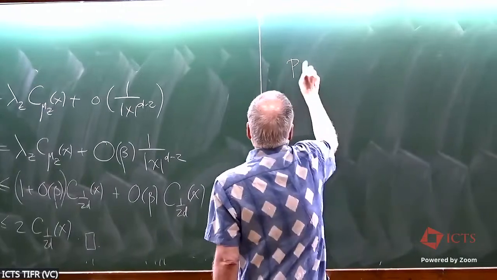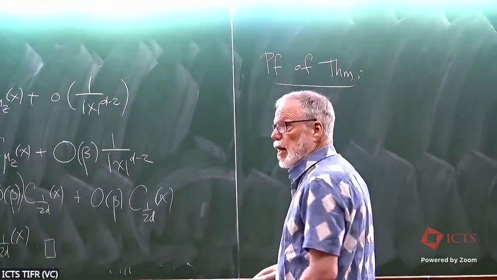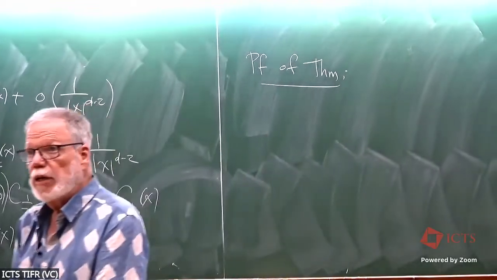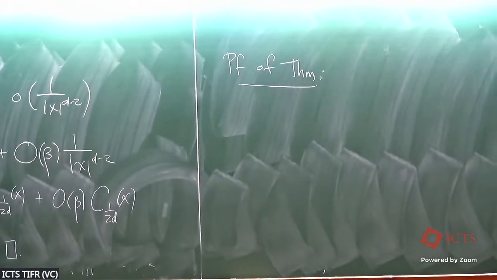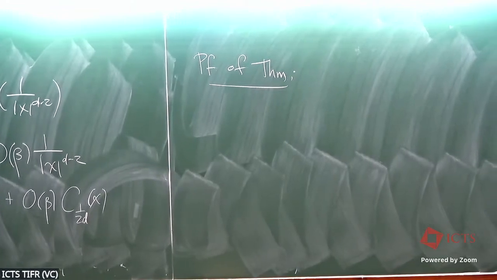So now we proved the theorem that I started with last hour. The theorem said that the critical 2-point function is equal to 1 plus order beta times basically C_{1/2d} of x plus little o of smaller remainder.